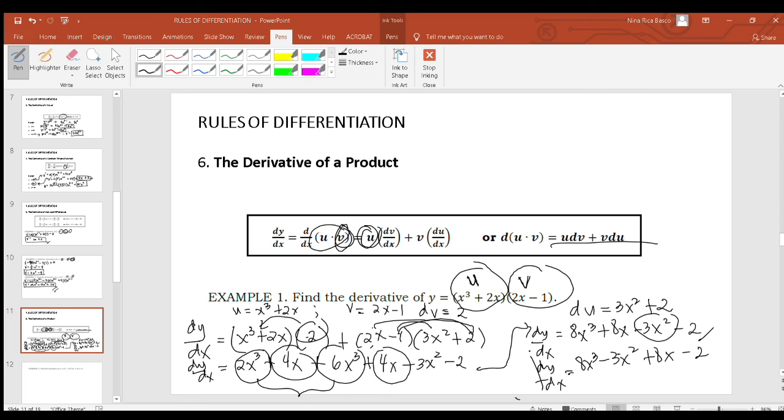This is the proper arrangement of terms based on the level of their variables: x cubed, x squared, x, constant.